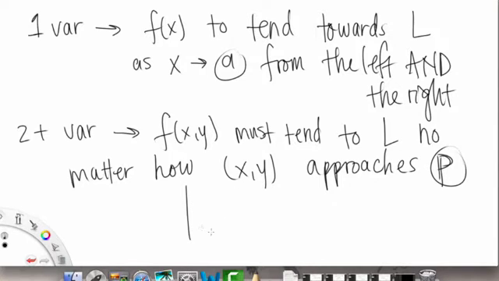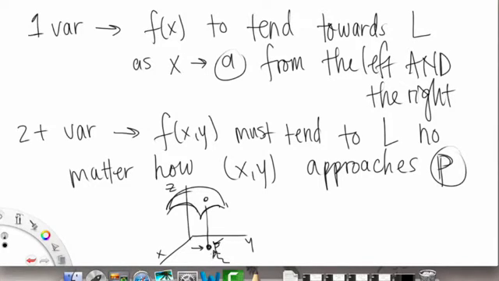Graphically, here's x, y, z. Here's our surface, let's say something like an umbrella. This is the point that we're looking at, and on the xy plane, here's P. We can approach P from this way, this way, this way.